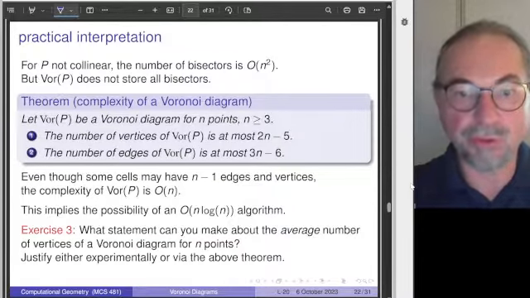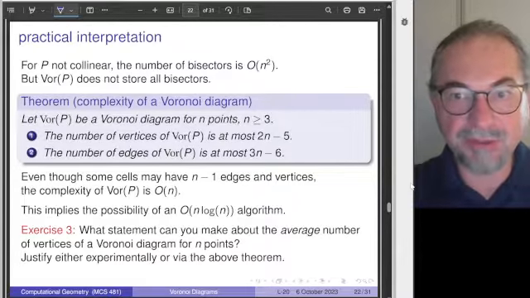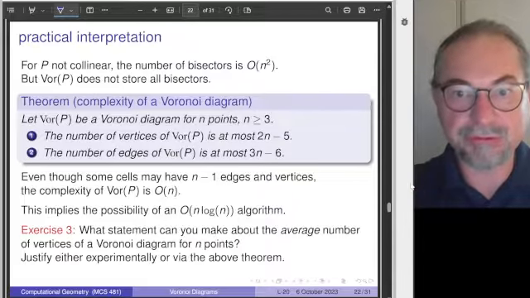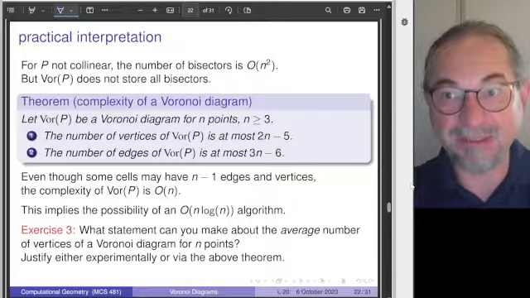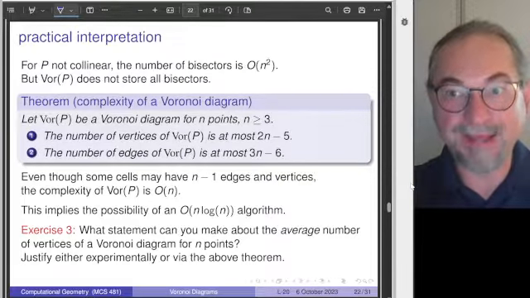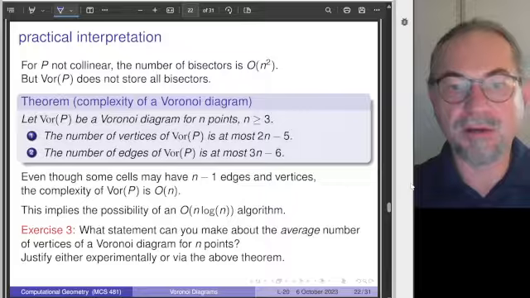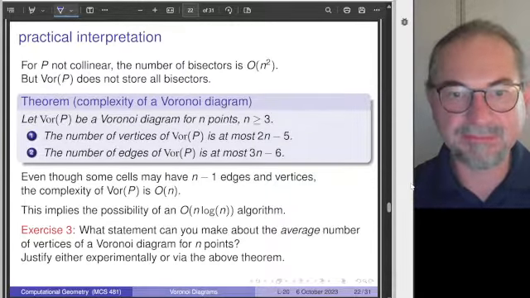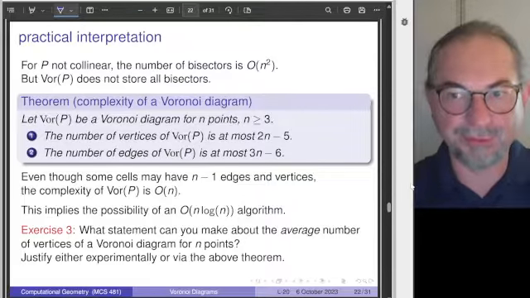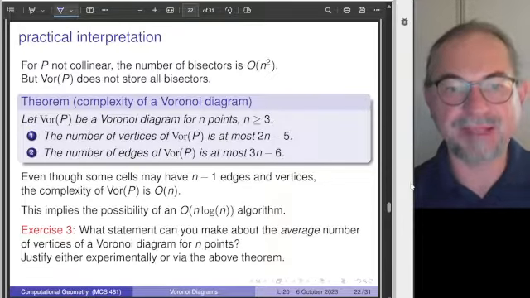According to the textbook, as a consequence, you can find a constant for the average number. It is average because we have seen that a Voronoi cell of n sites can have n minus 1 vertices. So you should still divide this by n for the average number.